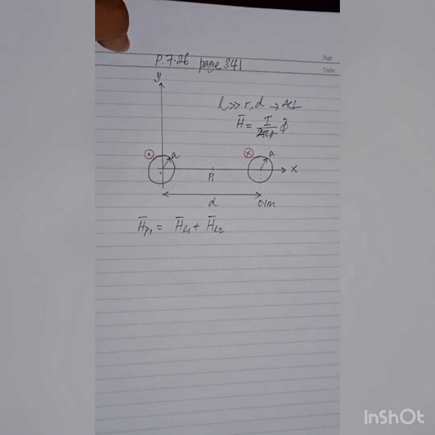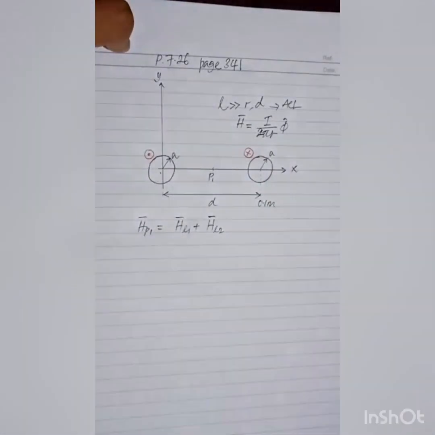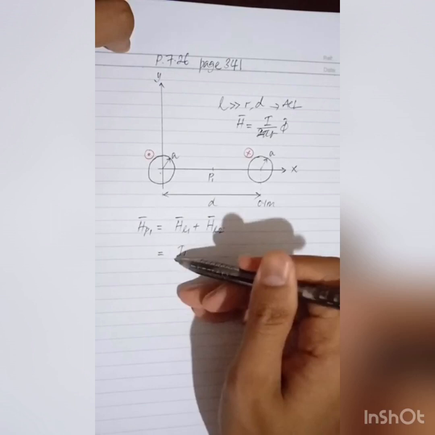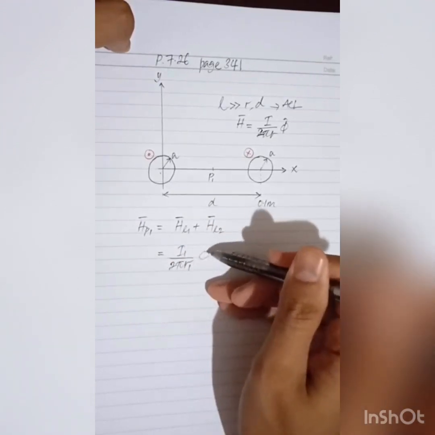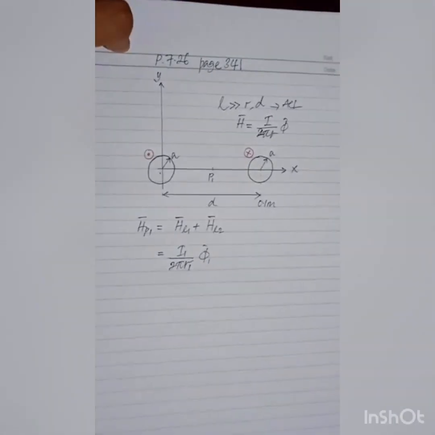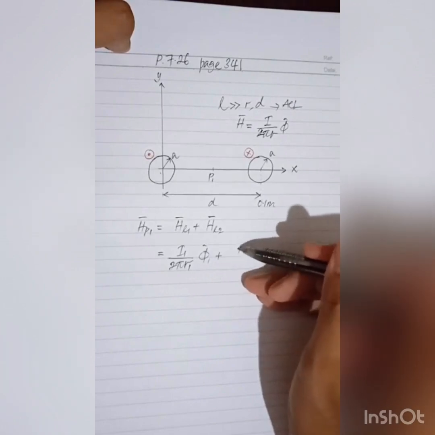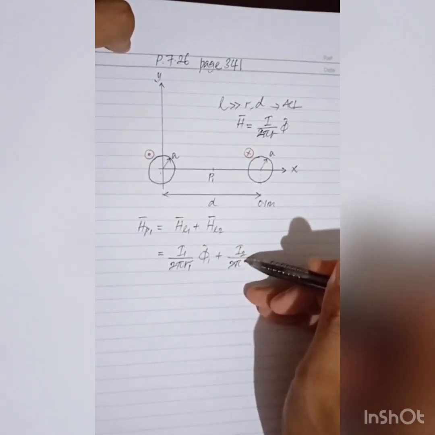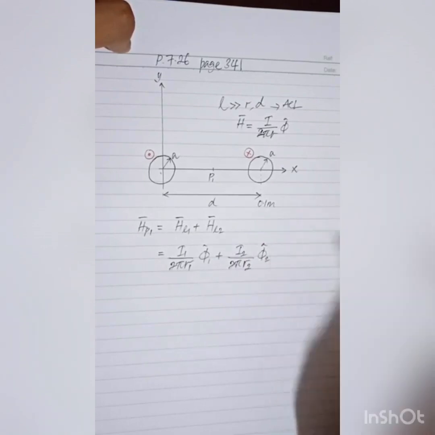Since we have two line currents, we have two terms: I1 over 2 pi r1 phi 1, plus the second one, I2 over 2 pi r2 phi 2.